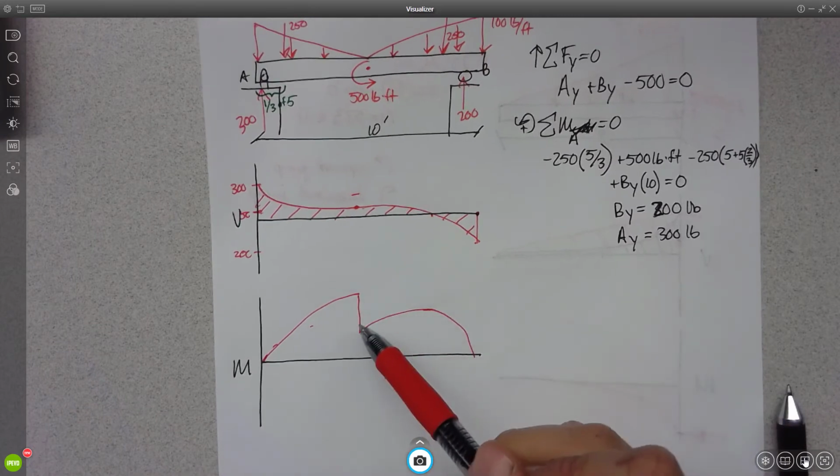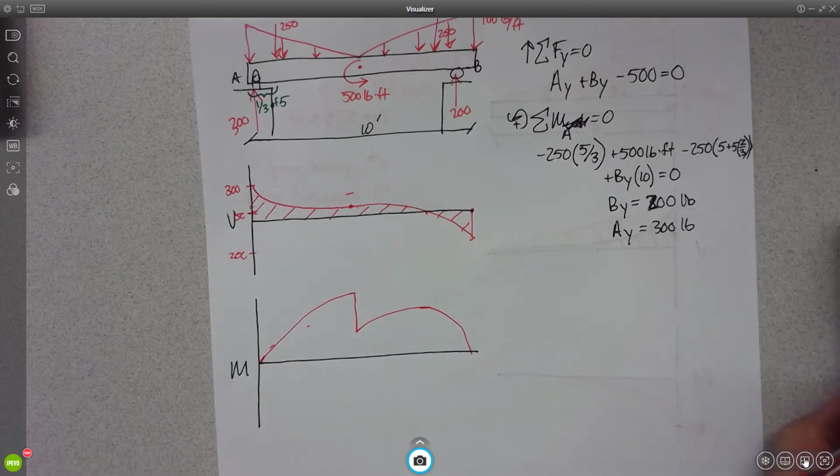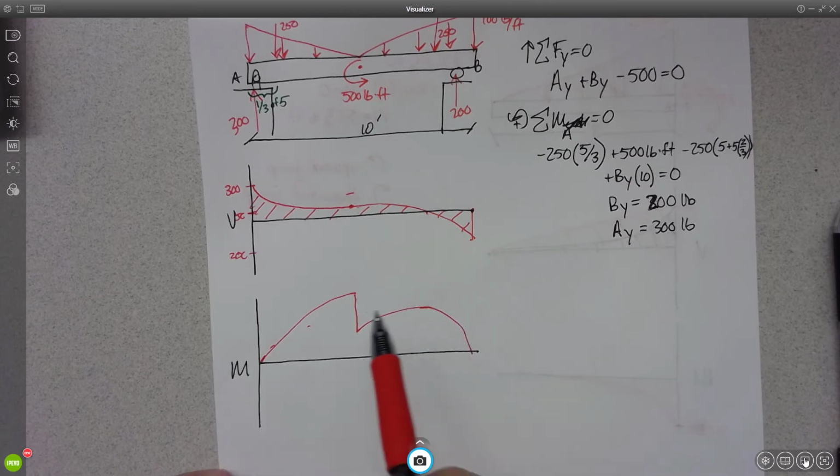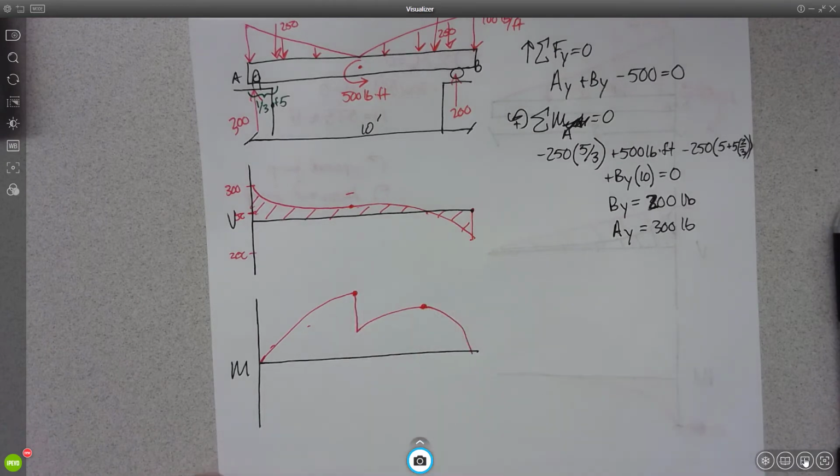Okay. Do I know any of these points? Nope. Sure don't. Not a clue. Okay. So how about this? Do I know whether this point is higher than this point?